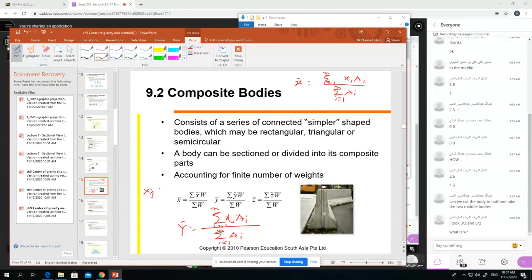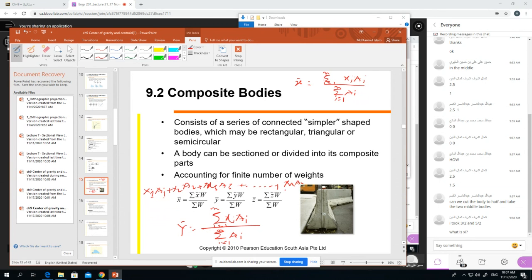Xi means I just wrote down for you x1 a1 plus x2 a2 plus x3 a3, right? So instead of writing the dots, we have xn an.